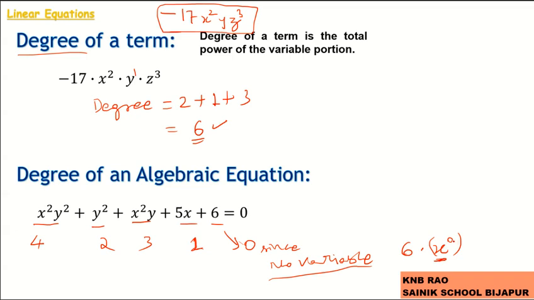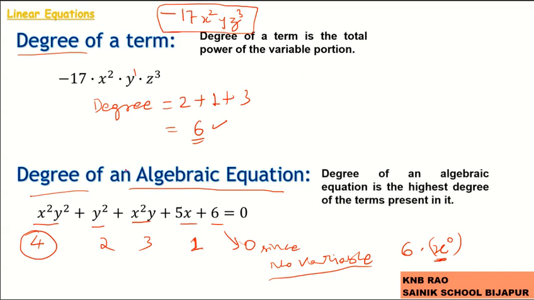Now, amongst these, the degree of this algebraic equation is the highest one. The highest degree of the terms will serve as the degree of an algebraic equation. So, for this, the degree of this equation is 4.